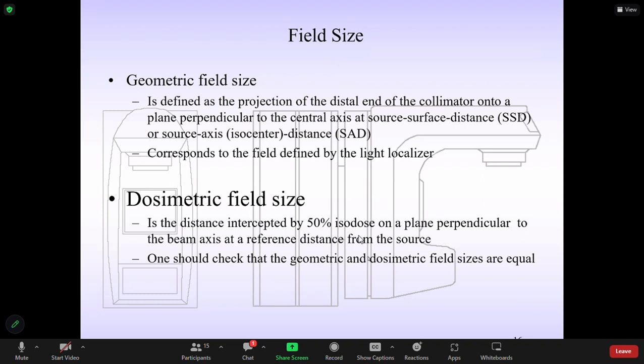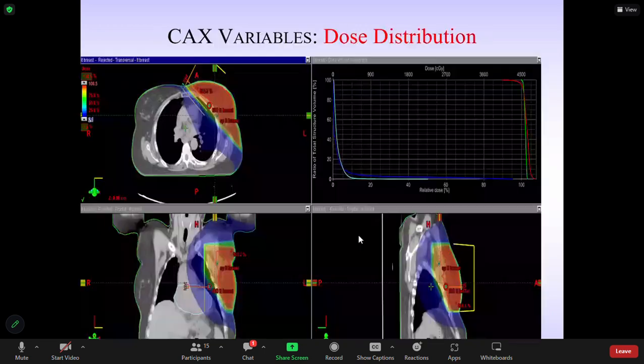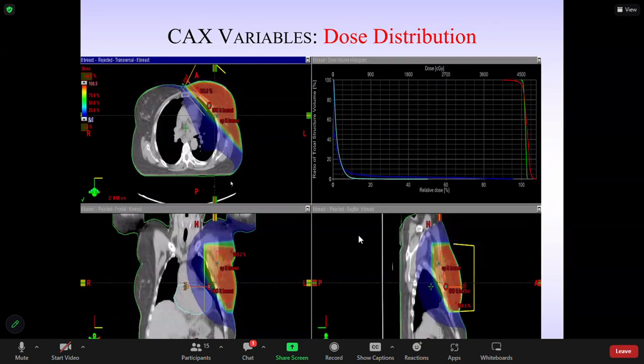And normally, how does the therapist know what the field size is and make sure that it covers? In other words, if we're treating this patient here, and normally this is how the patient is lying down, the therapist will turn the light on for the field size.